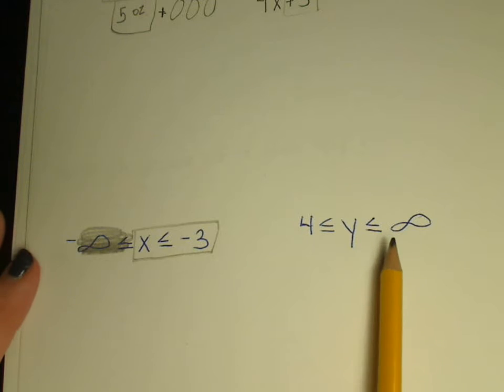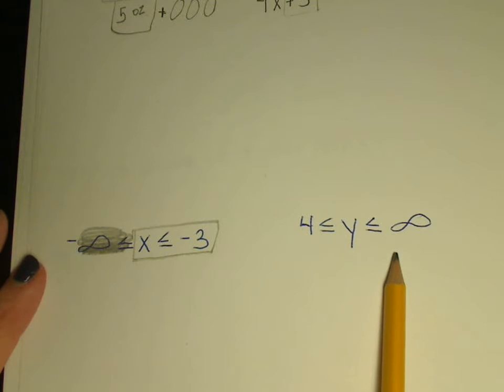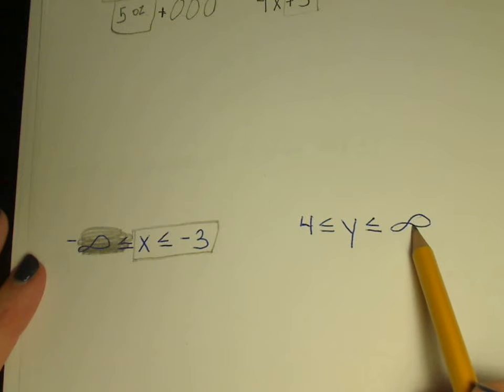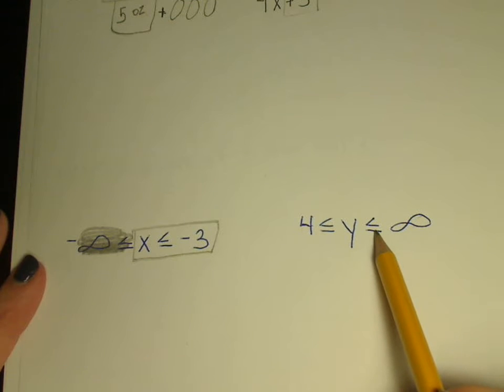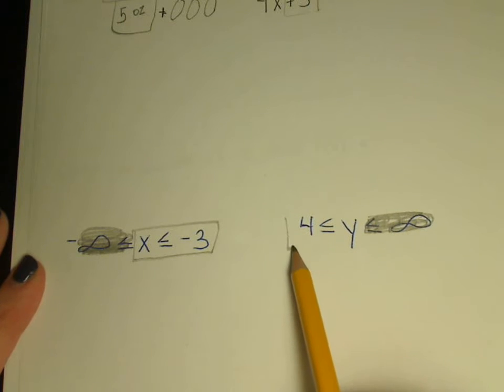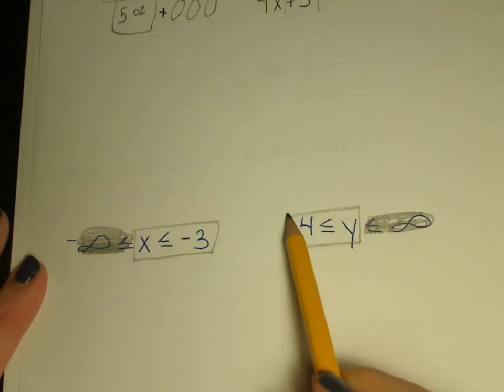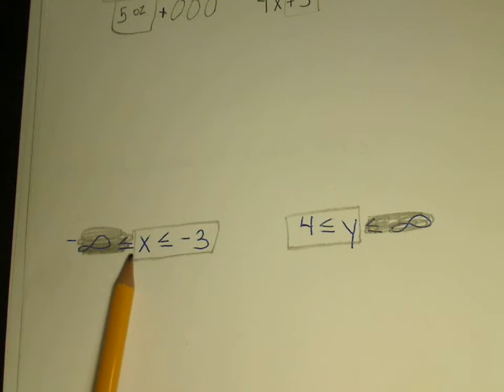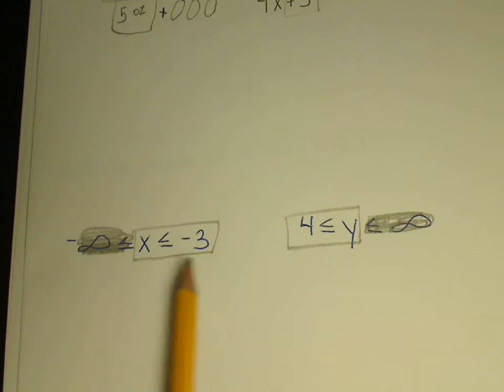Okay, so let's look over here. Okay, I'm going to take away the infinity sign and the inequality sign that goes with it. So that's going to leave that part. Now we've done all of ours with the variable first.